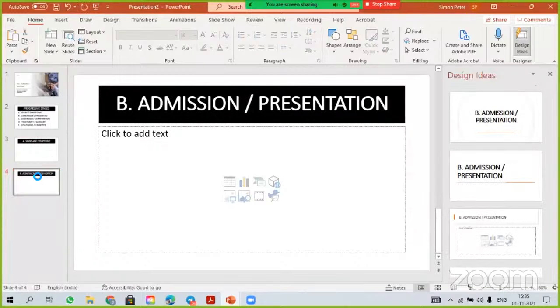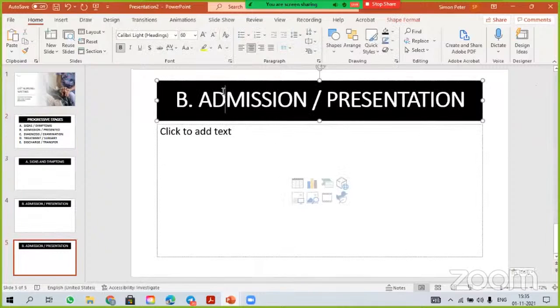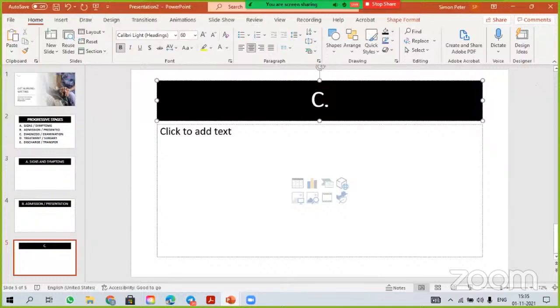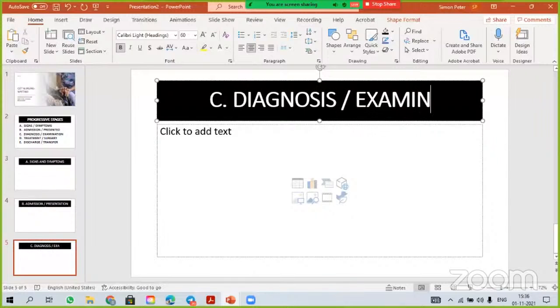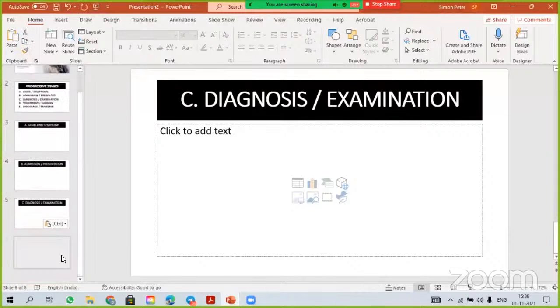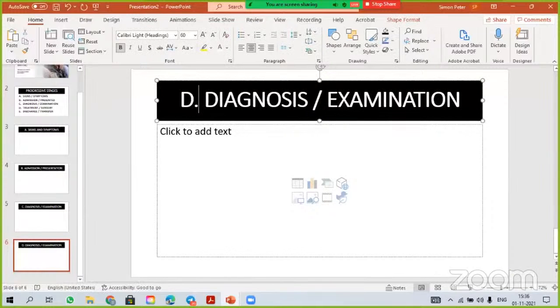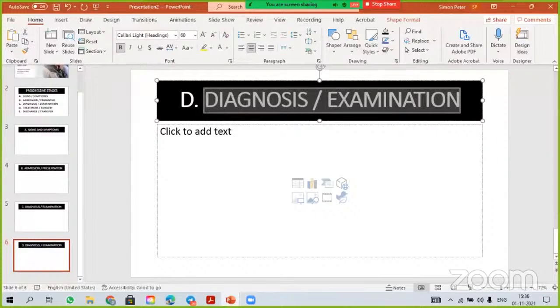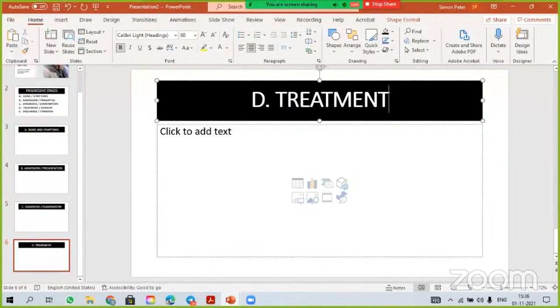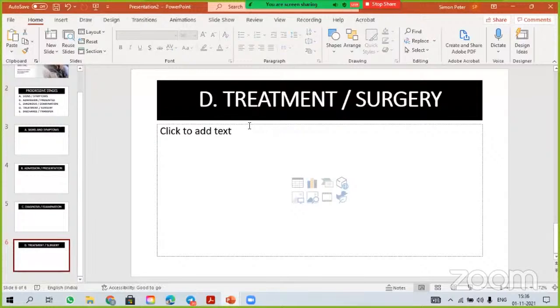Then C. C will be diagnosis or examination, preliminary examination we say. On preliminary examinations, we notice certain signs and symptoms. Next one, D. D talks about treatment or surgery, whatever it is.